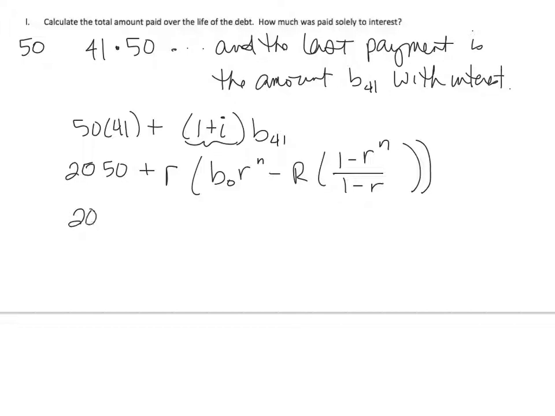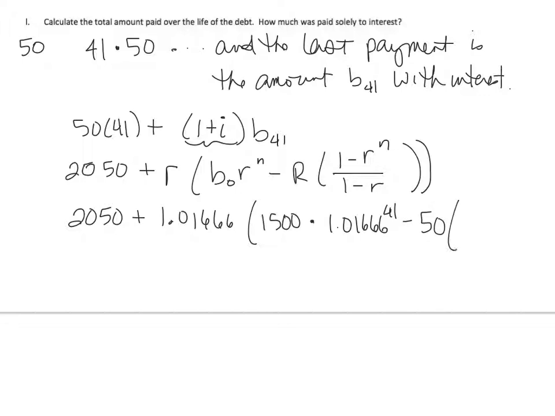So we have 2050 plus 1.01666 original, 1.01666 to the 41st minus, we're doing 50 here, 1 minus R, keep on going back to 1 plus I, so 1.01666 to the 41 over 1 minus 1.01666.